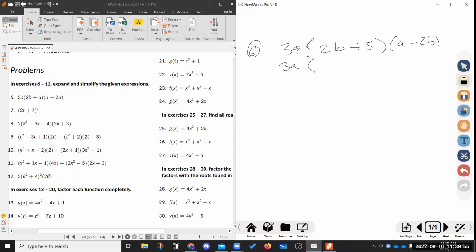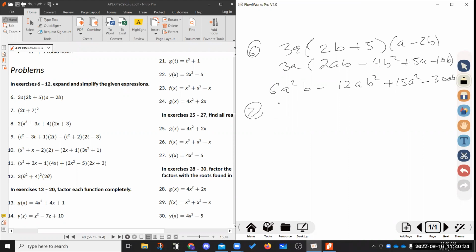We're going to do first, outside, inside, last here: 2ab minus 4b squared plus 5a minus 10b. Now we're going to multiply every term by 3a. So we get 6a squared b minus 12ab squared plus 15a squared minus 30ab. That's it. That's the expanded polynomial.